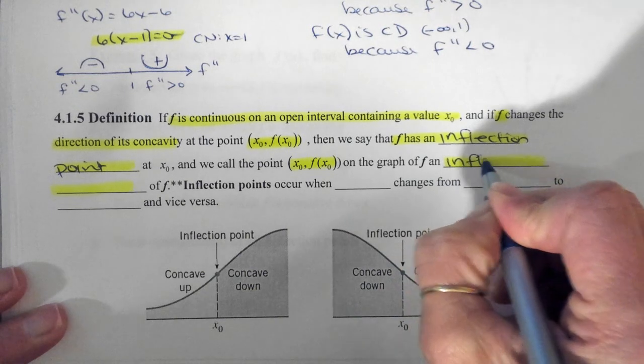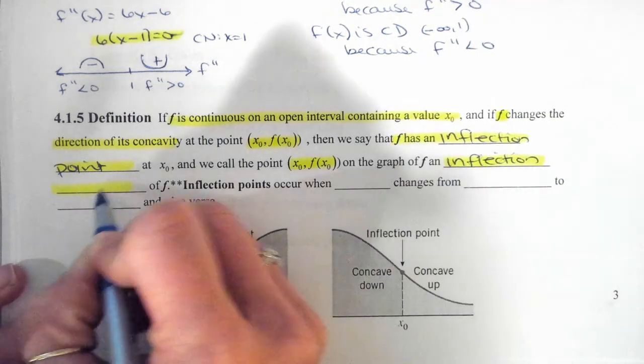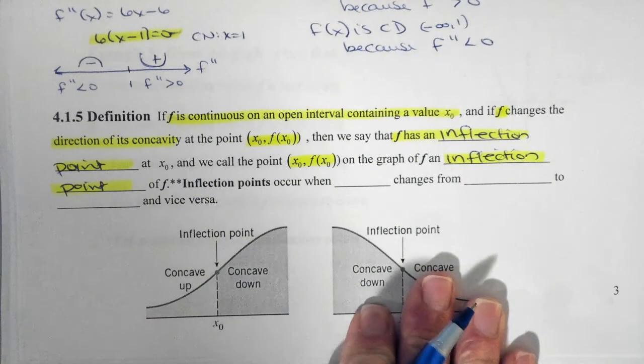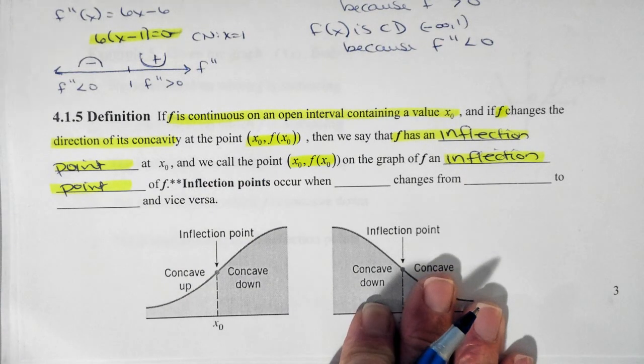Okay, so this sounds repetitive, but what you might get is a question that would say, provide the x-coordinates of the inflection point, or provide the inflection points. So either way, you have to read what it's asking for.